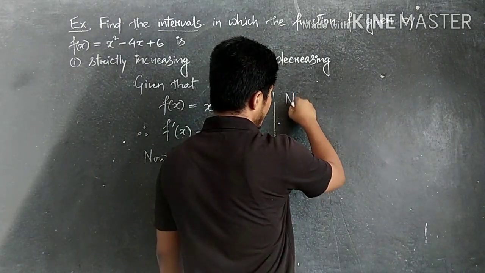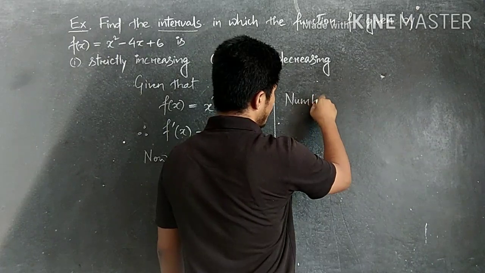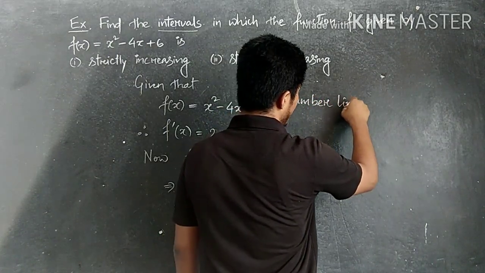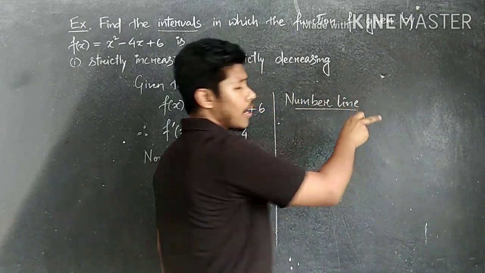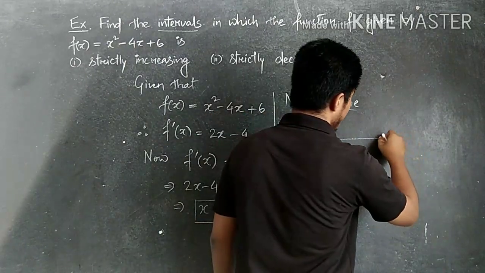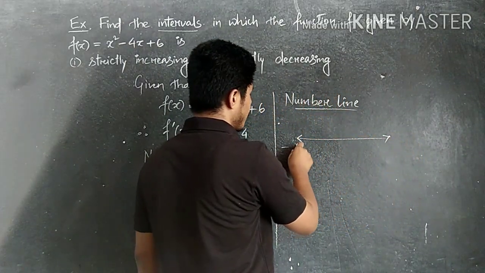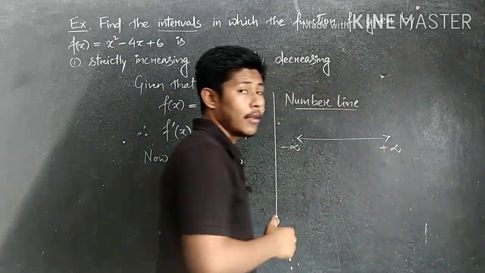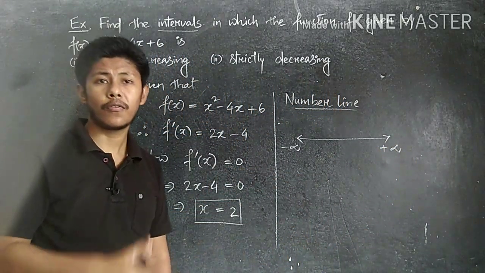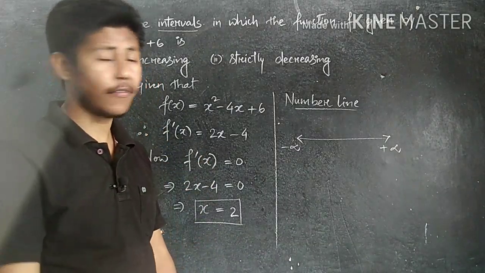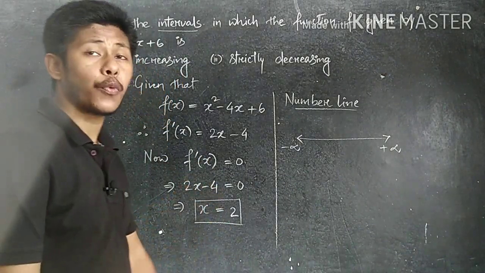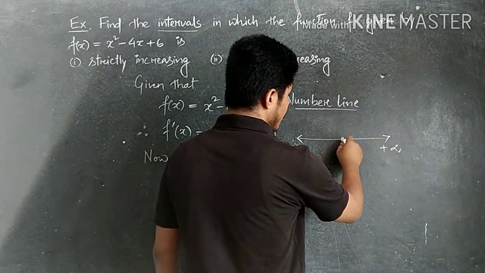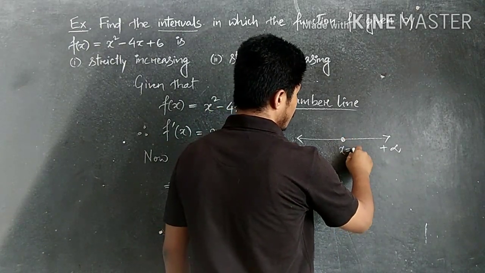In the exam no need to write it separately, you can just check this result. The number line goes from minus infinity to plus infinity. If we put this point there, suppose 2 is here, x equal to 2.